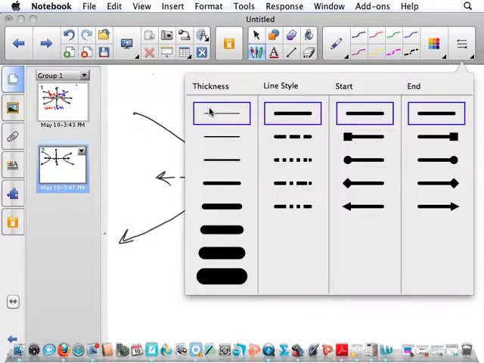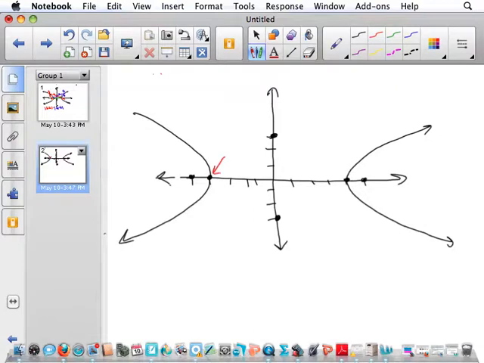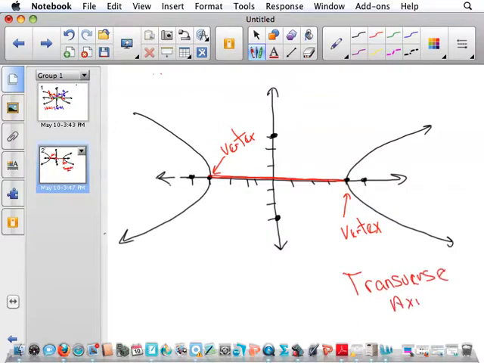I have vertices here and here. Now the length of this axis is still called the principal axis, but it's also called the transverse axis. That's also the transverse axis. This axis is now called the conjugate axis.